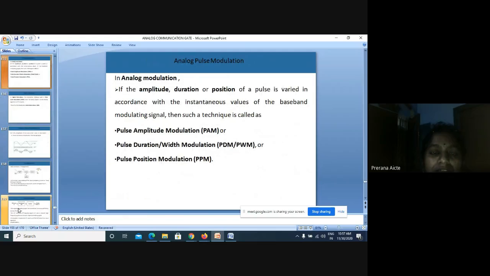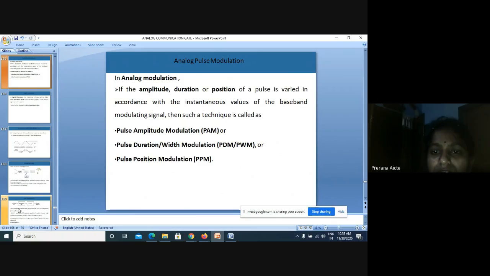And then different pulse modulation. As just now said, when we use pulse as a carrier, those become pulse modulation techniques. We'll have PAM, PWM, PPM. In PAM, the amplitude of the pulse will be varied in accordance with the message signal.